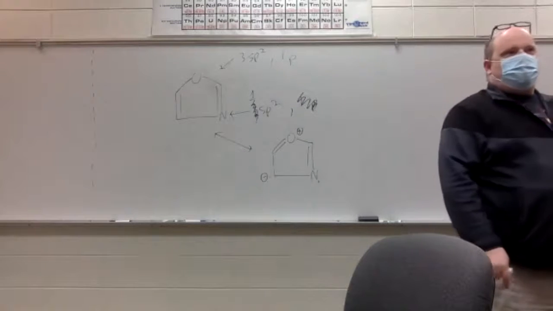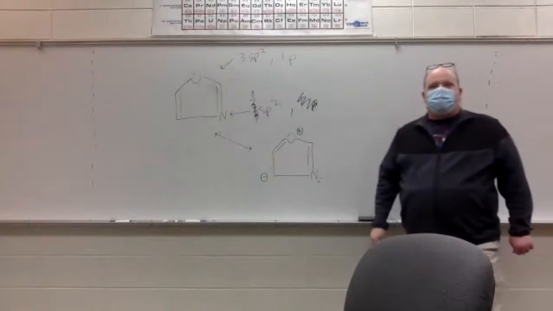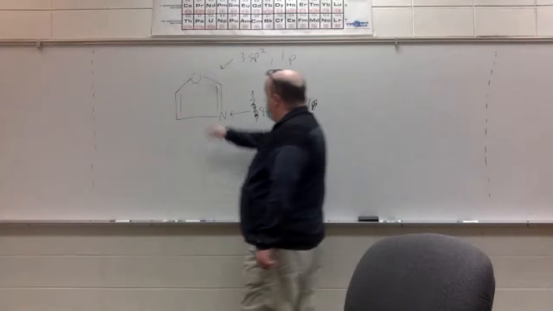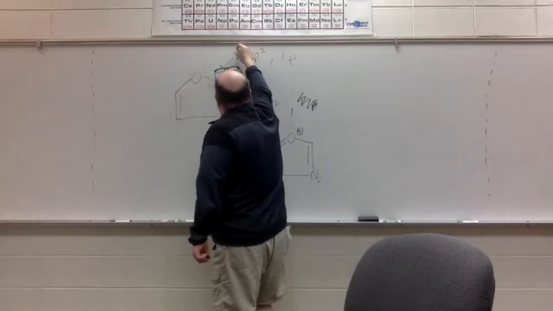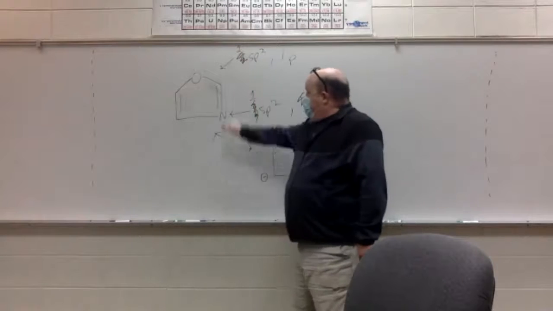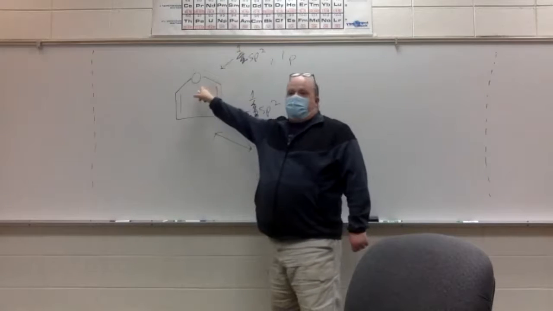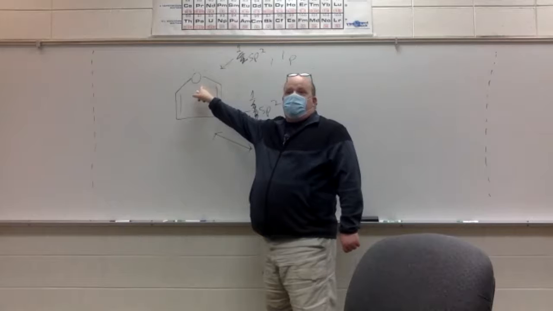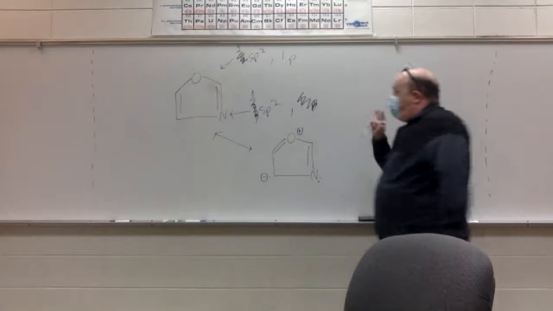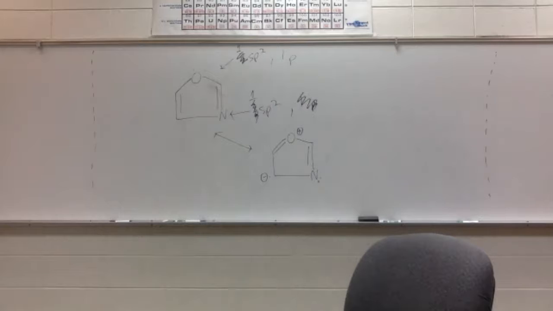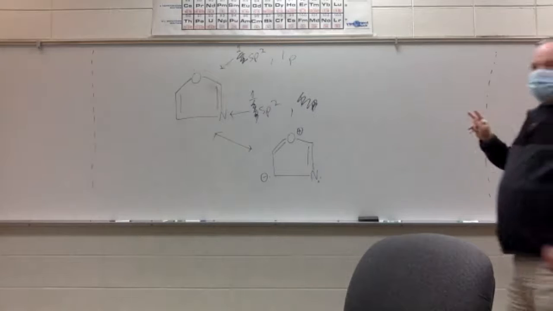How many hybrid orbitals are currently occupied? 2, sigma bond, sigma bond. How many p orbitals are currently occupied? None, because it doesn't have any pi bonds, right? So you have 2 open orbitals, you have 2 unshared pairs.